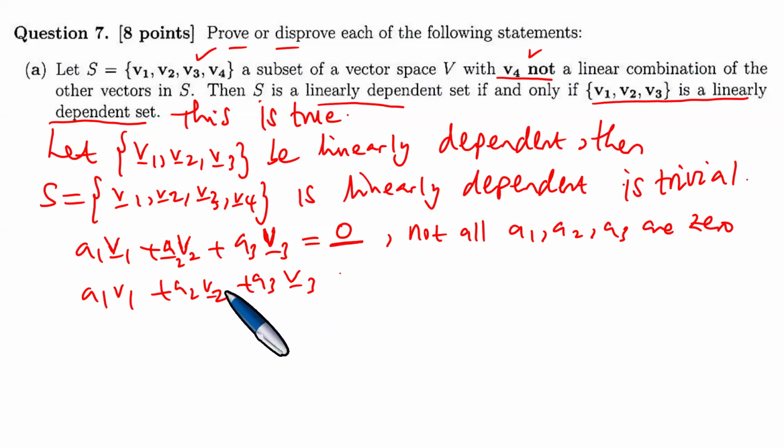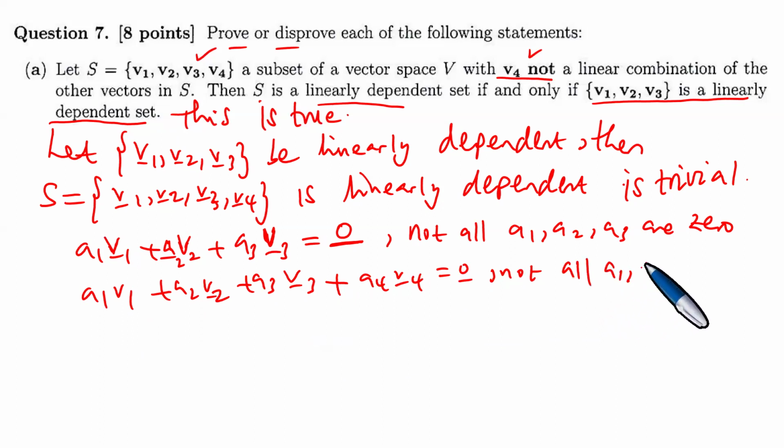So even if these are not all 0, you can add A4 V4. But since these ones are not all 0, even if you choose A4 to be 0, not all these scalars would be 0. So, and now, because of that, you're saying not all A1, A2, A3, A4 are 0.